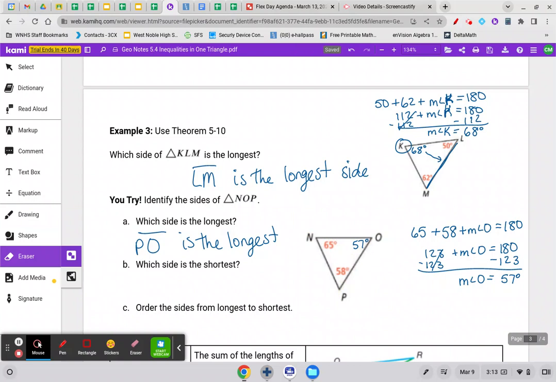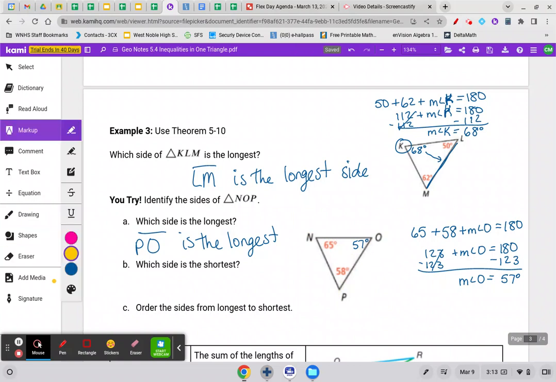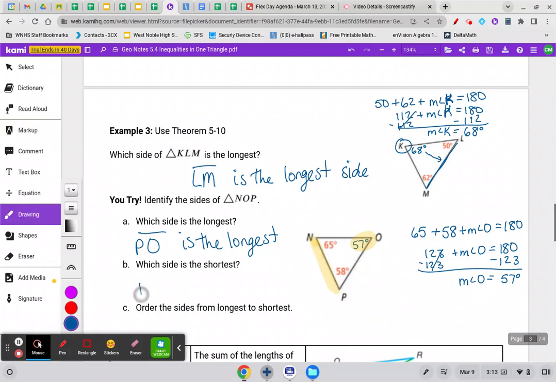Now if I look for the smallest angle, I'll make sure I actually find the smallest one. 57 is the smallest, which means NP is the smallest segment, or shortest, however you want to say it.